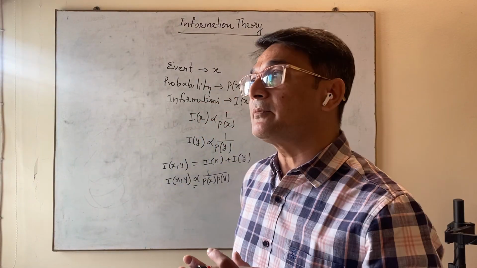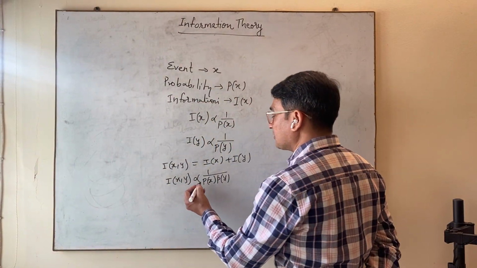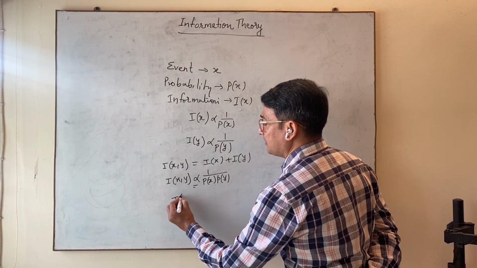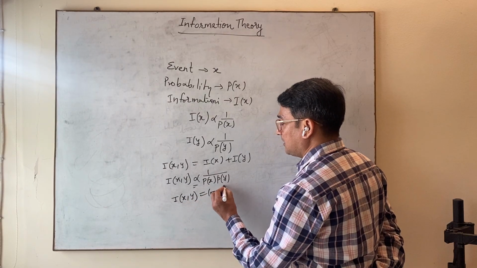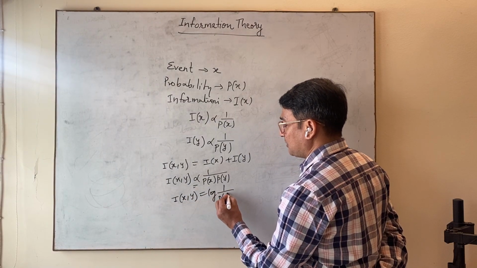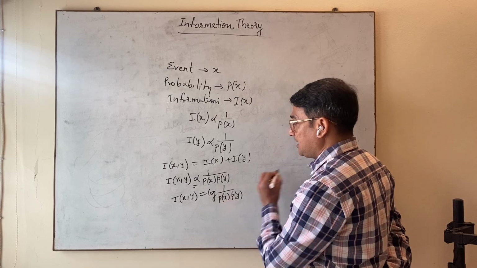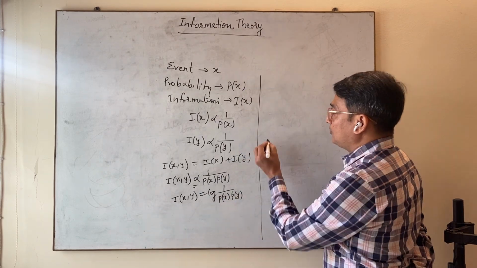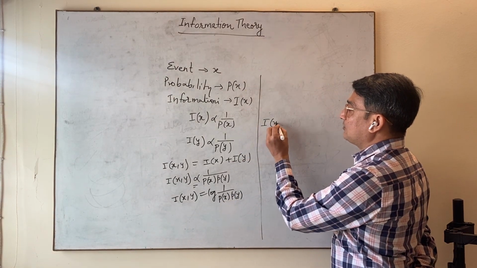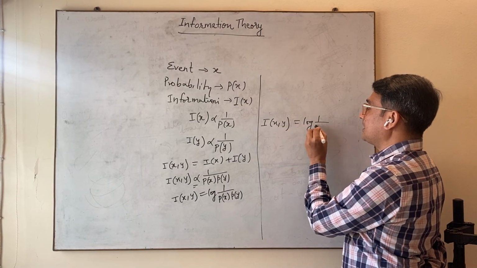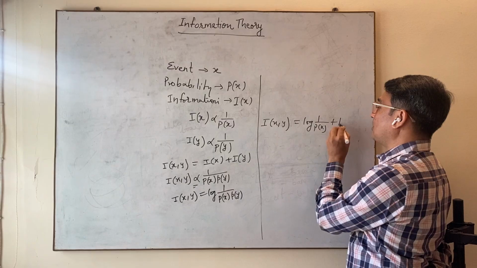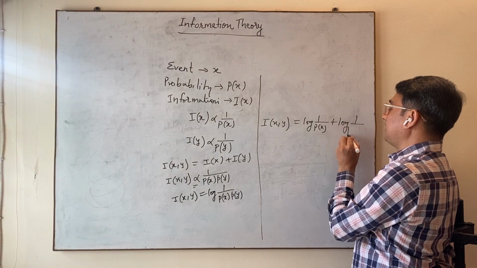So instead of this, I can write I of X,Y is equal to log of 1 upon P of X P of Y, which can now be written as I of X,Y is equal to log 1 upon Px plus log 1 upon Py.